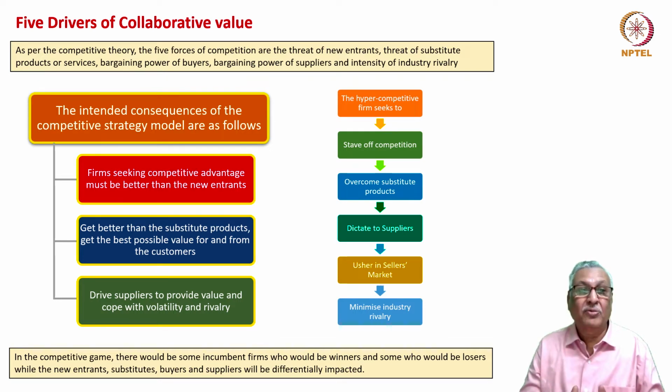In this kind of model, there would be some incumbent firms who would be winners and some who would be losers, while the new entrants, substitutes, buyers and suppliers will be differentially impacted based on their own capability to sustain the pressures from the hyper-competitive firm.